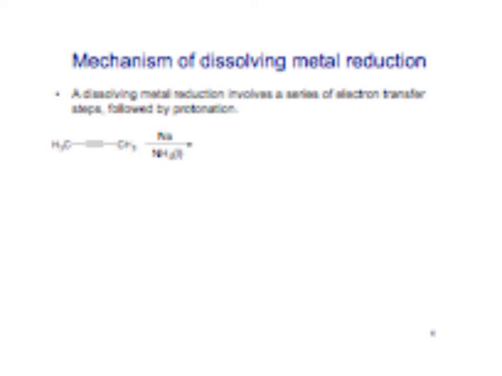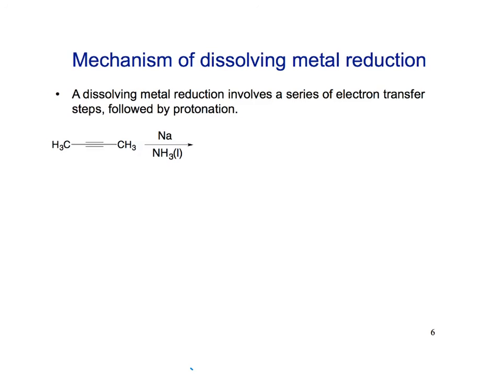Let's take a look at the mechanism of the dissolving metal reduction, because this is a pretty interesting reaction. It involves 2 types of steps. One is a single electron reduction, and the second part is acid-base chemistry. The way that this reaction starts out is considering that we're using sodium metal in liquid ammonia as the solvent. Remember that sodium has a single valence electron.